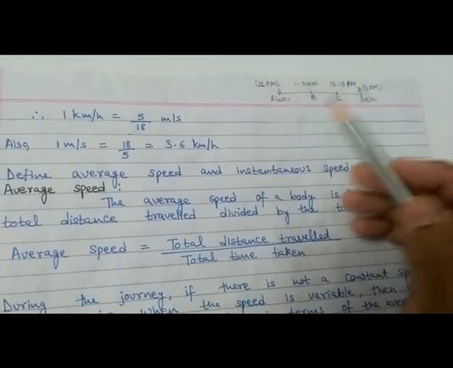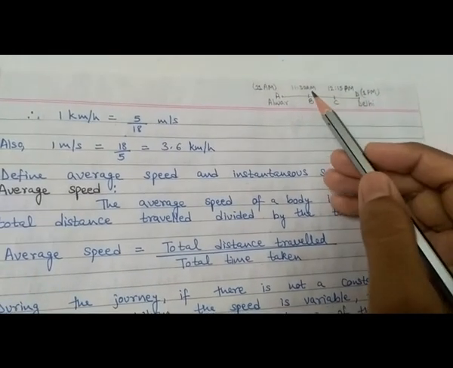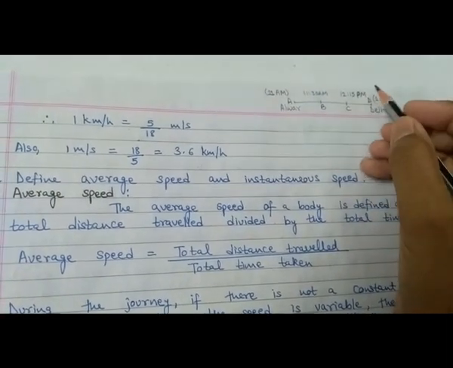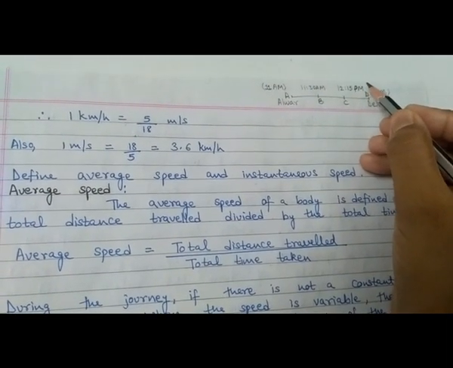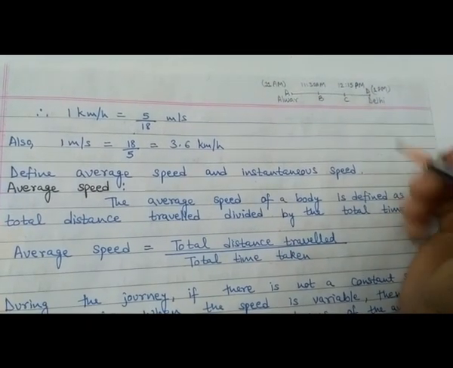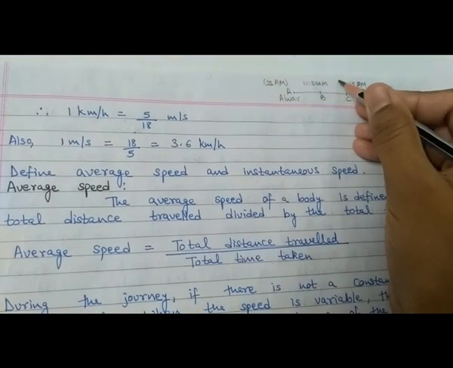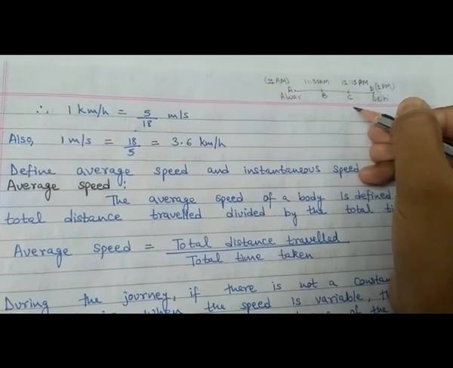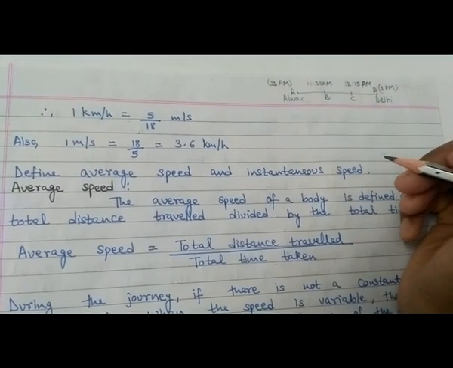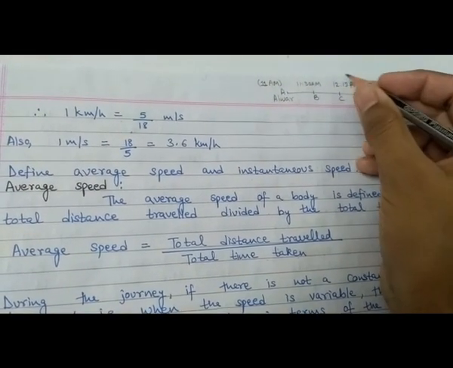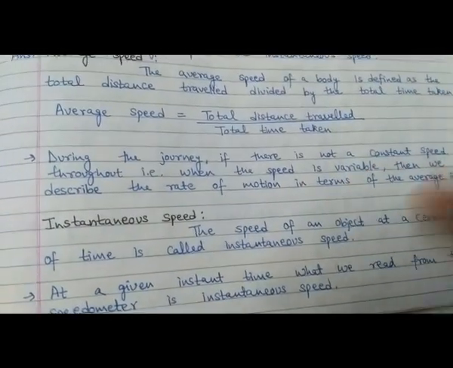If somebody asks me what was the speed at the time 12:15 p.m., then the speed at this particular instance of time would be called my instantaneous speed.